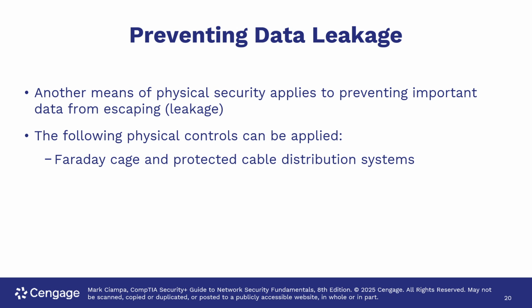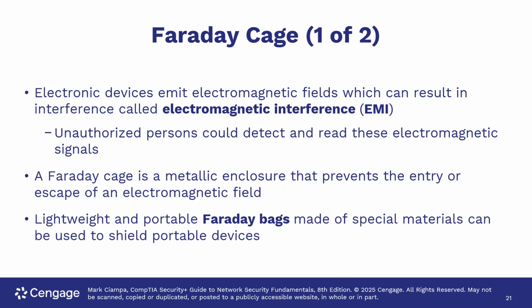So you remember from your networking, Wi-Fi is an open or unguided media, meaning that it's just a radio signal, just like your AM/FM radio that receives a transmission. So they have the example of a Faraday cage and protected cable distribution systems.